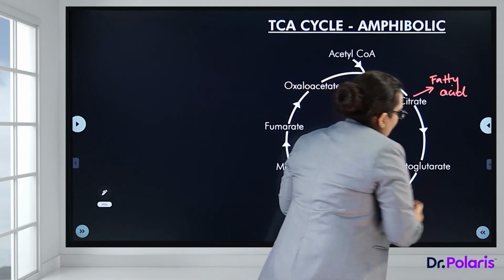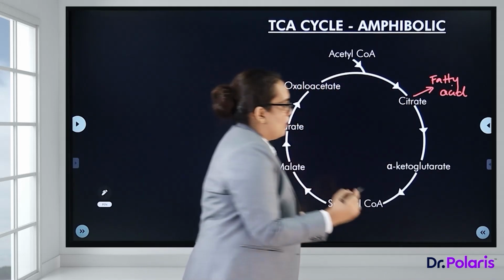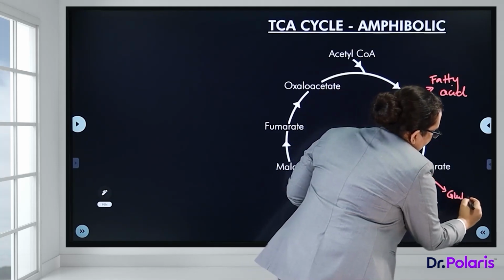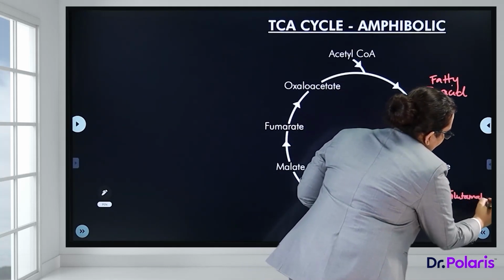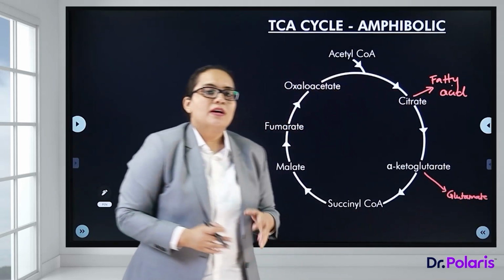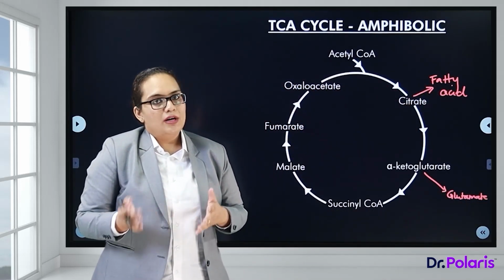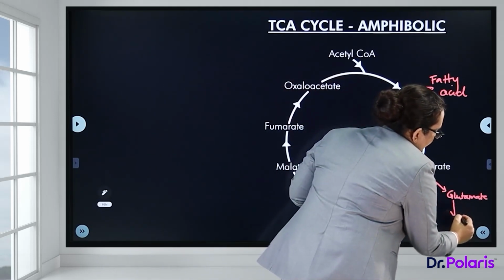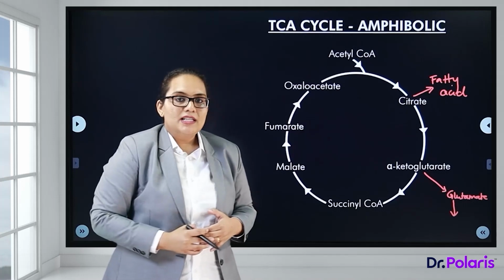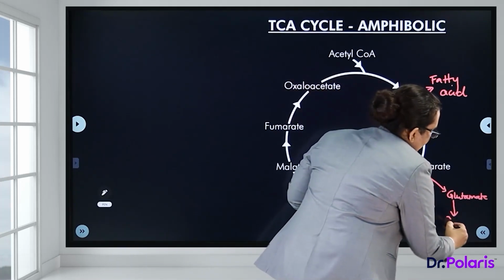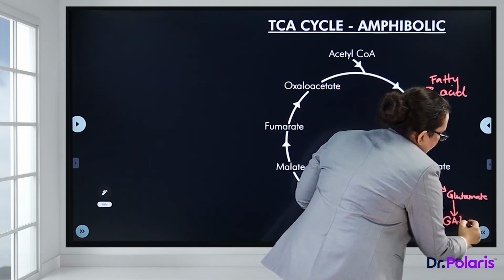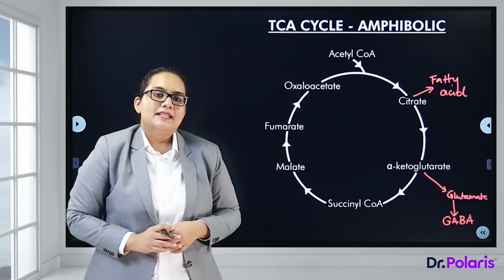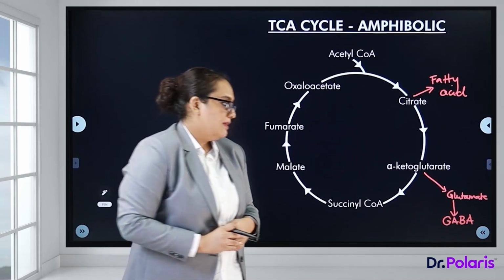Next intermediate, which is alpha ketoglutarate, can form glutamate, which is an acidic amino acid, through the process of transamination or deamination. Glutamate in turn can form a neurotransmitter known as GABA. GABA stands for gamma amino butyric acid. It is an inhibitory neurotransmitter.